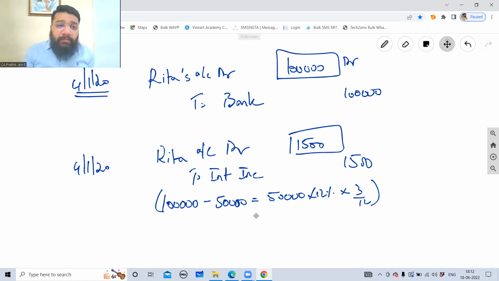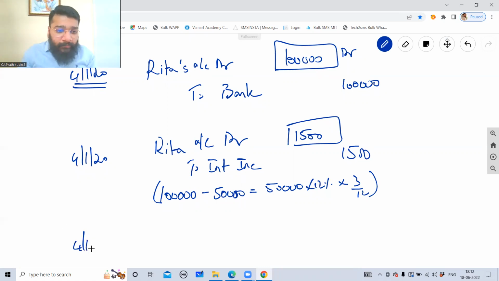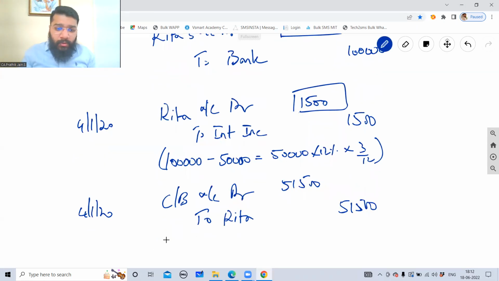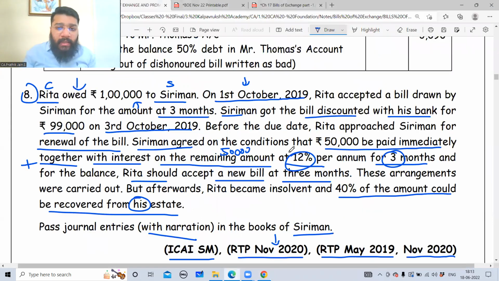But out of which 50,000 is already recovered on the spot. So to that extent, I'll reverse Rita. So I've received in cash or bank account 51,500. To that extent, I need to close Rita's account. I need to reverse Rita. So Rita, 51,500. Out of 1,01,500, the question very clearly says that Sriman agreed to the condition that 50,000 will be paid immediately together with interest.